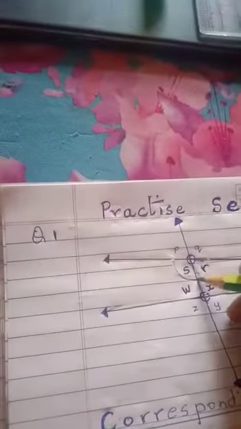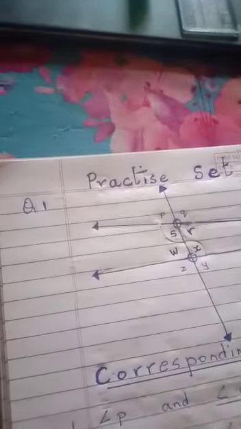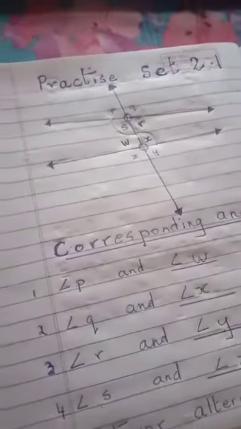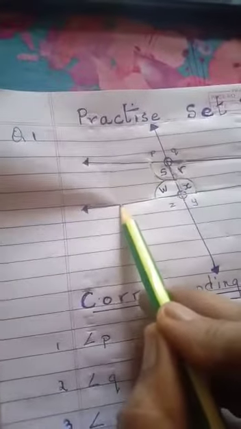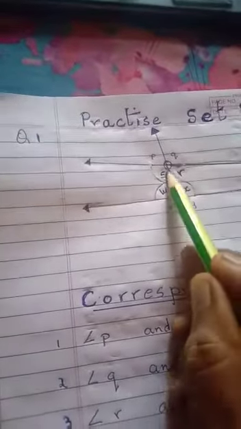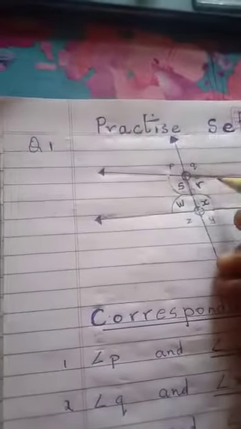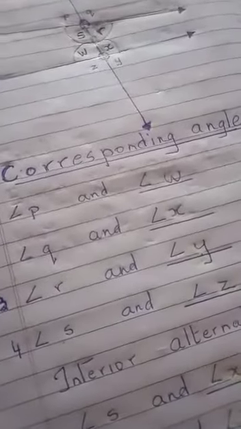So the alternate angle is angle X. Now let's go to the second one, where we are given angle W. Again angle W. Let us find out the Z with angle W. That is angle R. So angle W, alternate angle, is angle R.